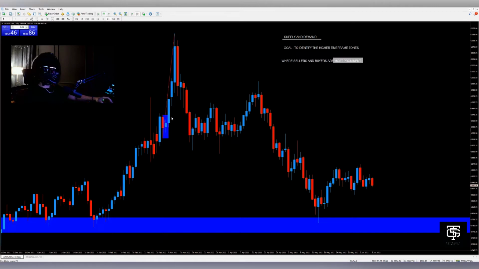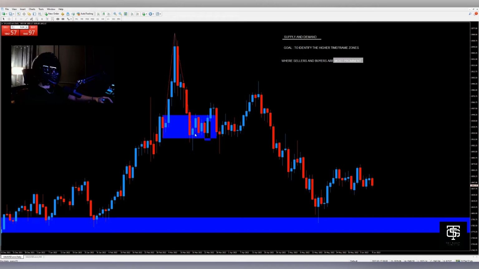And when the support was formed, price came back into that demand zone and managed to close as another bullish engulfing.